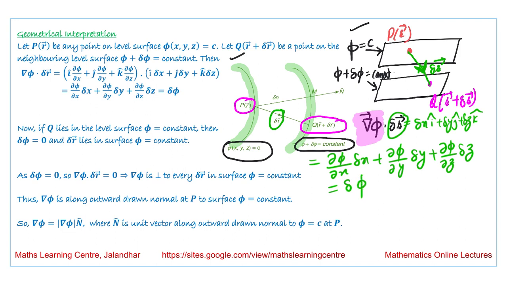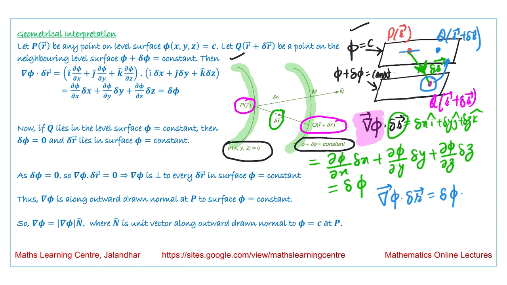We can write it as delta phi. So what we have obtained from this is that del vector phi dot delta r vector is equal to delta phi. Now, we consider that this point Q lies on this surface. Its coordinates are r vector plus delta r vector.